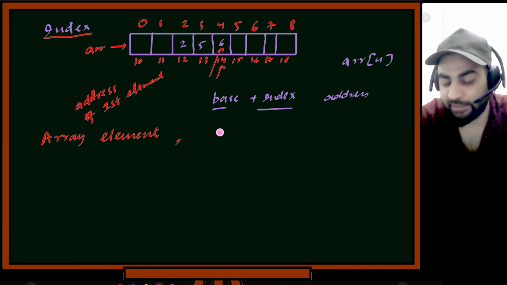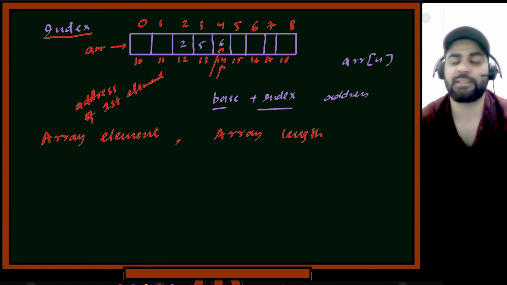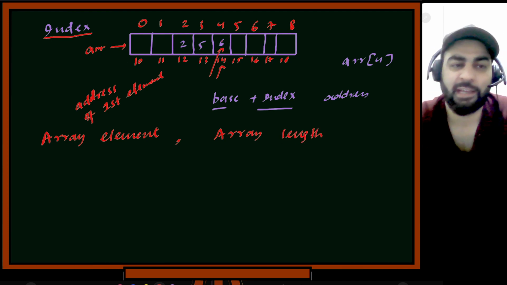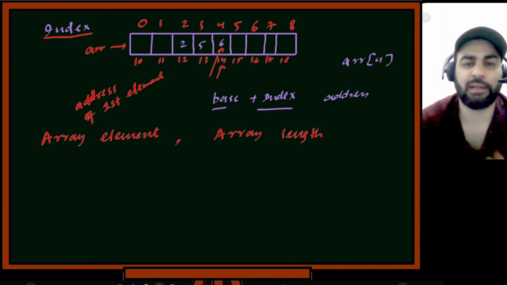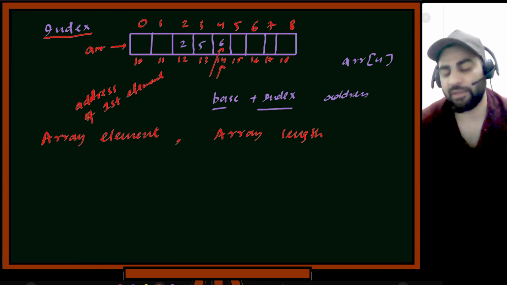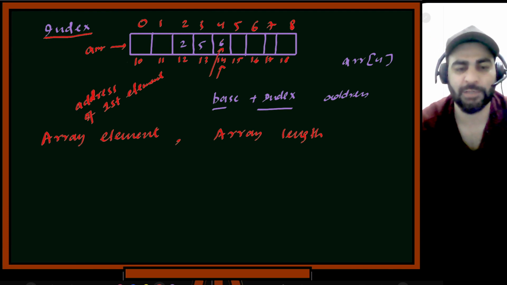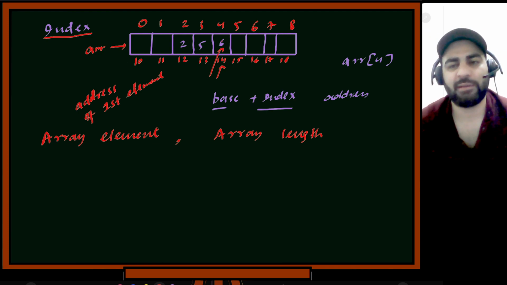Then we have array length, because as I said, this is fixed length. This is called a static array. A static array is of fixed length. That is, you have to describe the length of the array upfront. For example, in C or C++, if you say int array of 5, that will allocate memory locations for 5 elements. But Python is a little bit different.